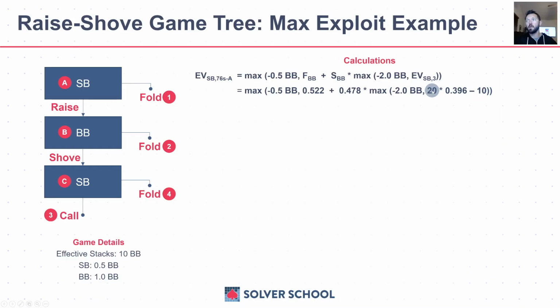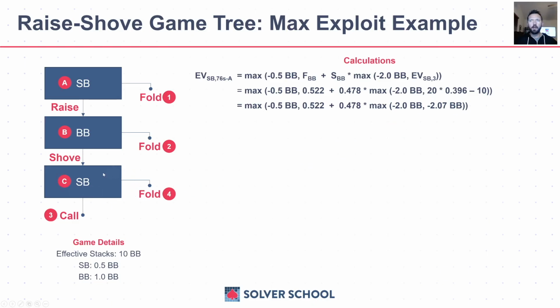In this case, it's just 20 times the equity of 7-6 of spades, which is 39.6%, minus 10. Simplifying this part of the equation first, this max value is comparing minus 2 big blinds to minus 2.07 big blinds.